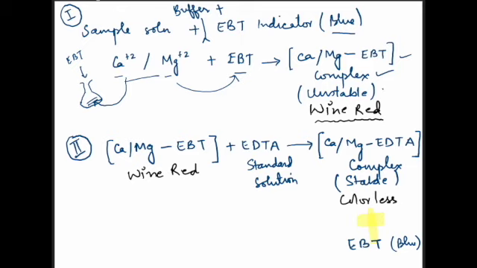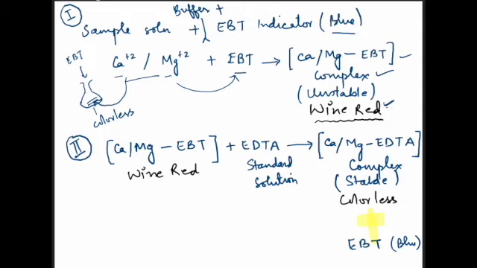We'll come to know in the second step of this experiment. And the color of the solution, which was actually colorless initially, has now changed to wine red. The moment I add EBT to this solution, it becomes wine red in color.